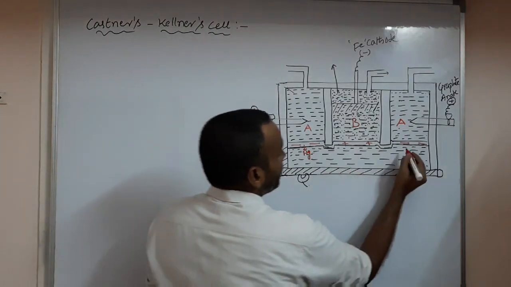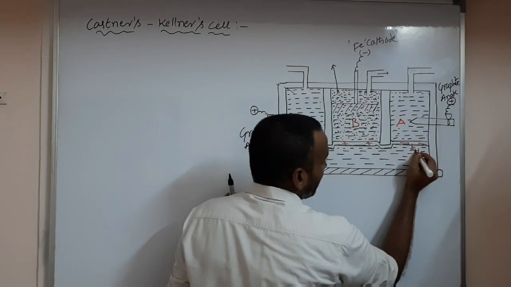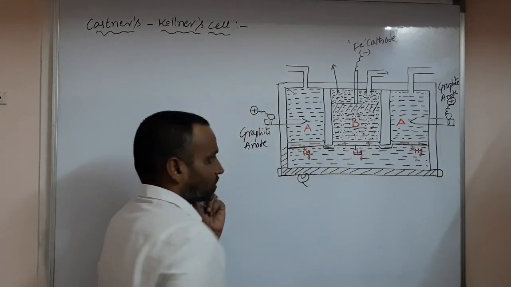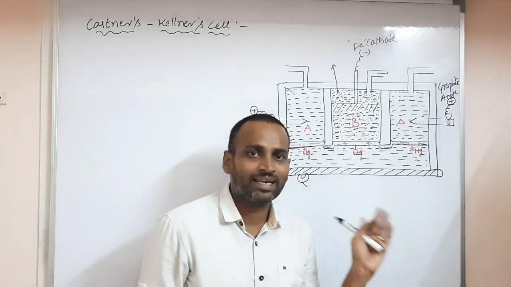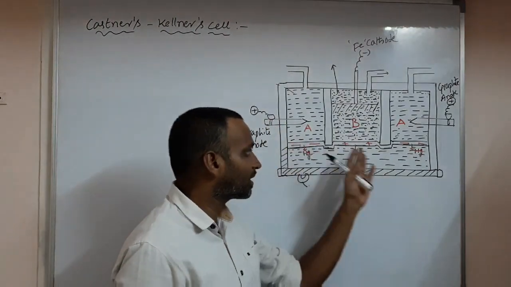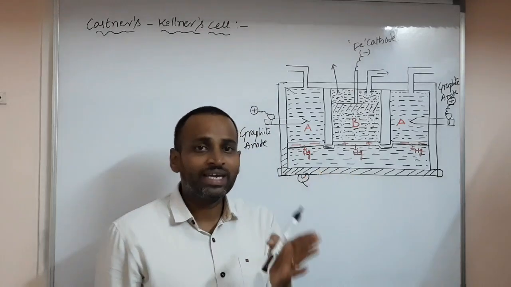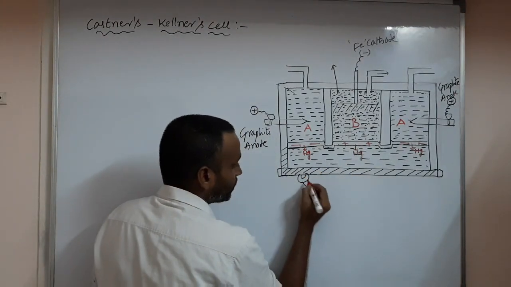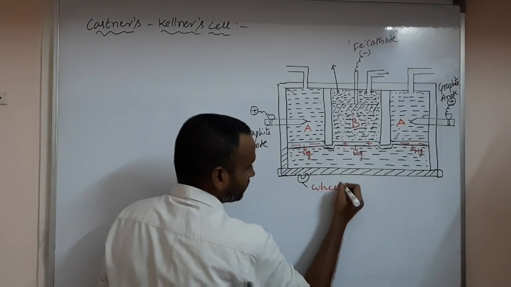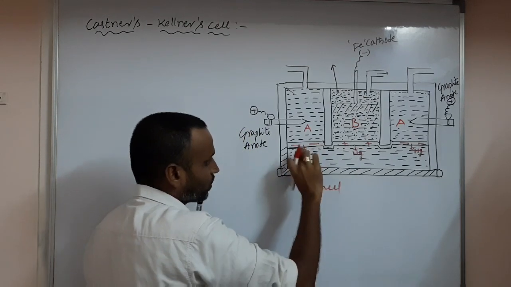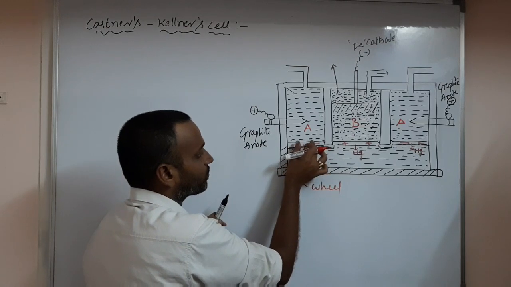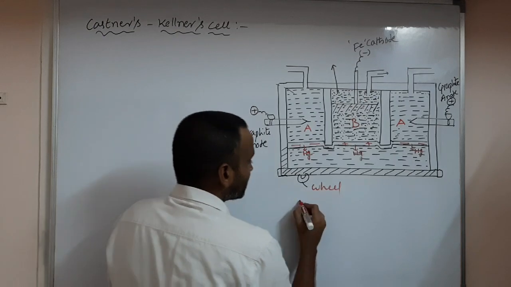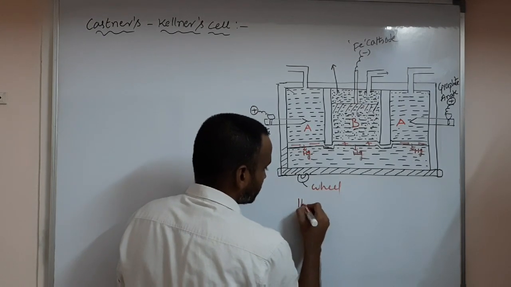So at the bottom of the Kastner-Kellner cell, as we have three compartments, at the bottom we have mercury. This is very important. And here you have a wheel, just to rotate the substances formed from here to there. This is a wheel.